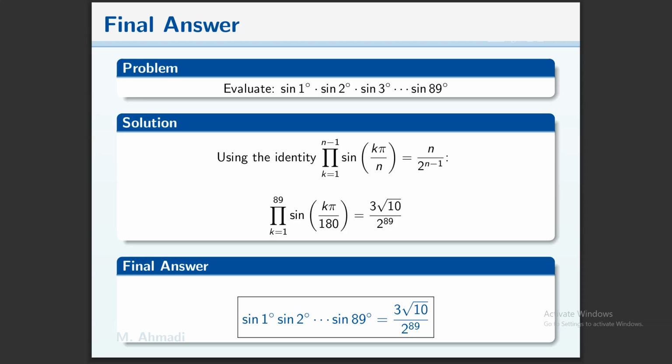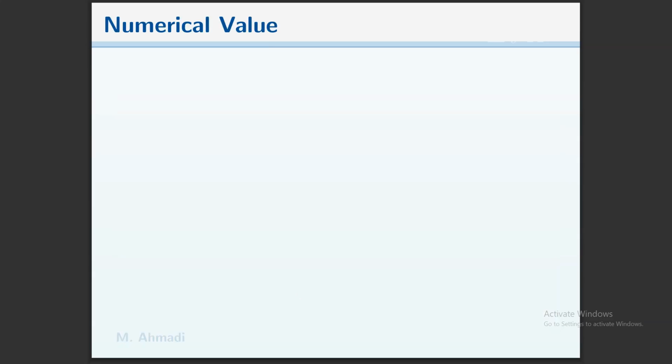And you can see the final answer in the lower side of the page, that sin 1° multiplied by sin 2° up to sin 89° is equal to 3√10 divided by 2^89.